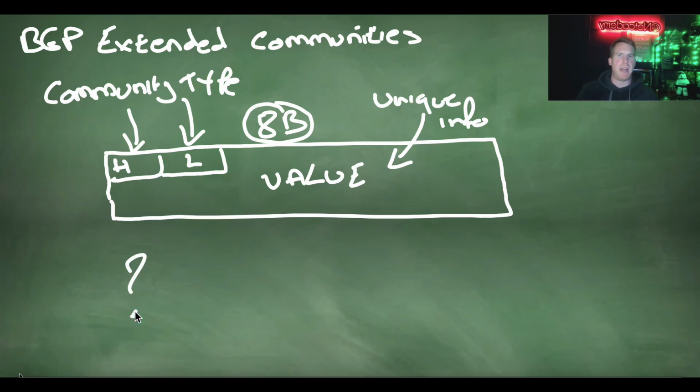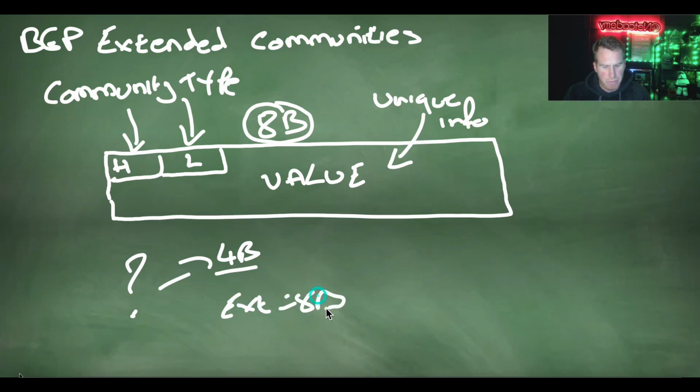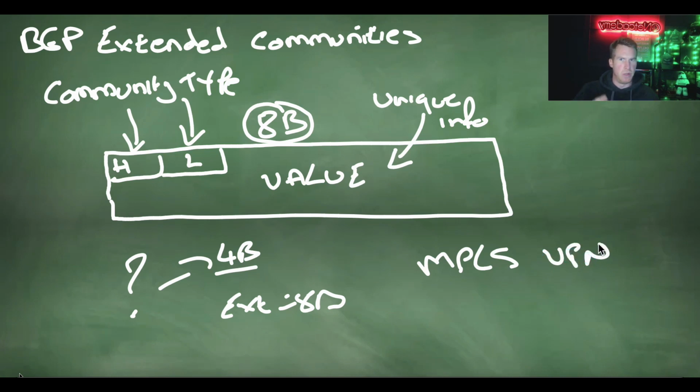This all comes back to use case at the end of the day. The regular or standard BGP community was, as I just said, only 4 bytes, whereas the extended community is, as you can see, 8 bytes. And if we look at specific networks like MPLS, multi-protocol label switching, which will be using virtual private networks to segment different customers' traffic to and from each other.